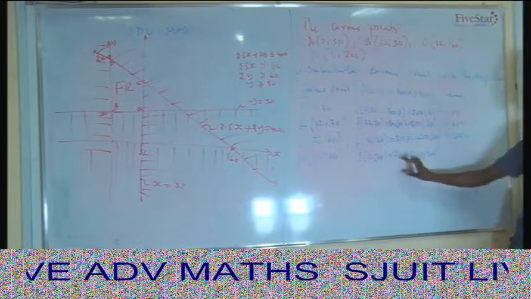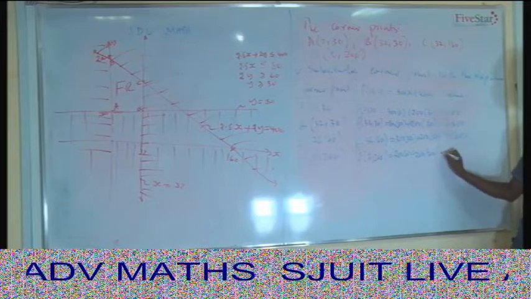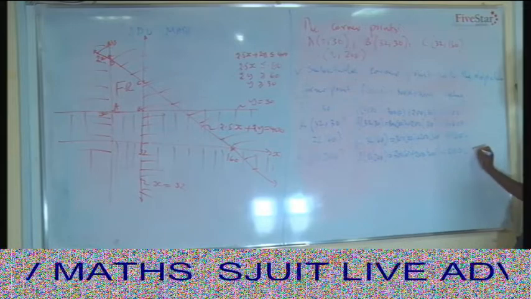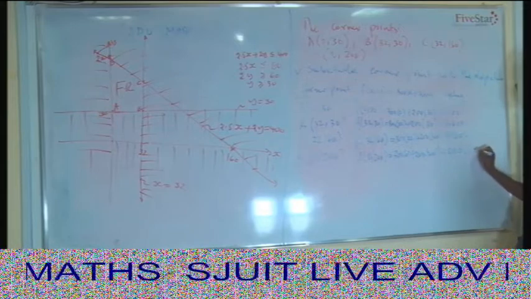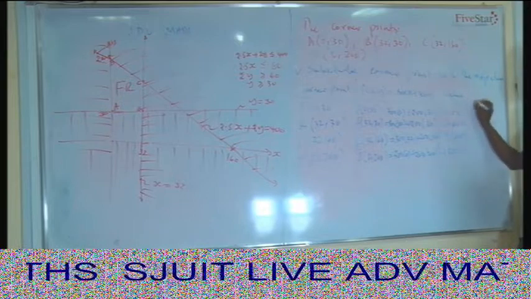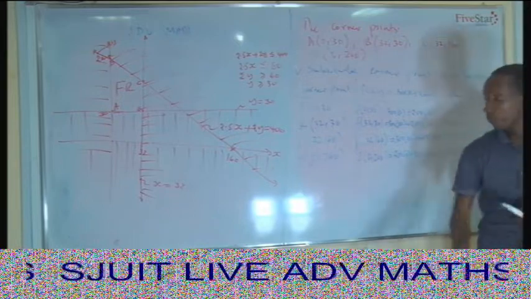Multiplying here, 300 times 0 is 0. 200 times 200 is 4 with 4 zeros. This is 40,000 now. The values are in Tanzanian shillings.